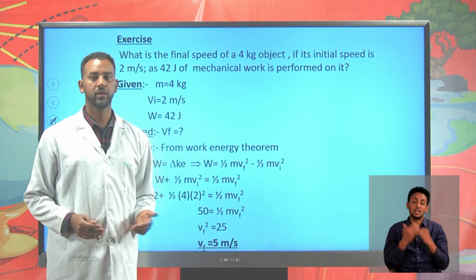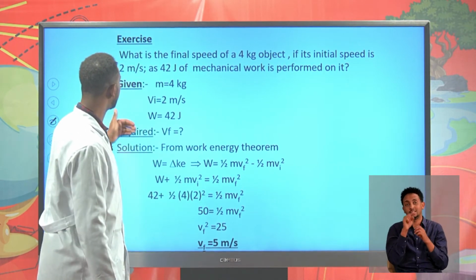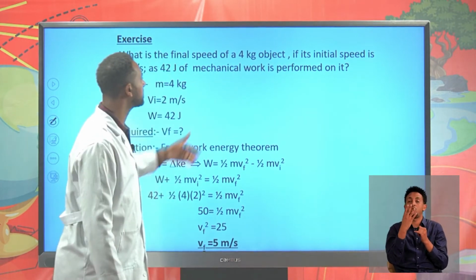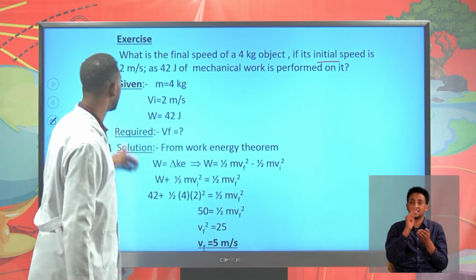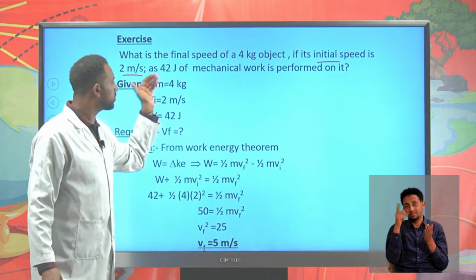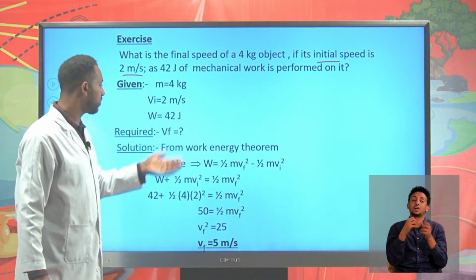Let's try to apply the work energy theorem to solve this example. What is the final speed of the previous 4 kilogram mass if its initial speed is 2 meters per second, as 42 joule of mechanical work is performed on it? Let's apply the work energy theorem.